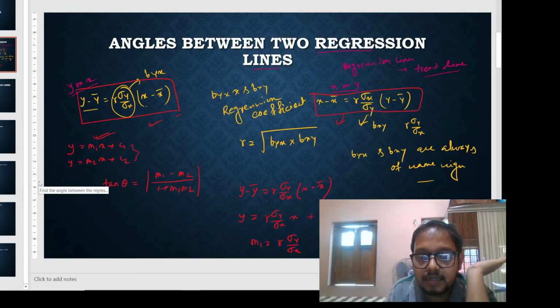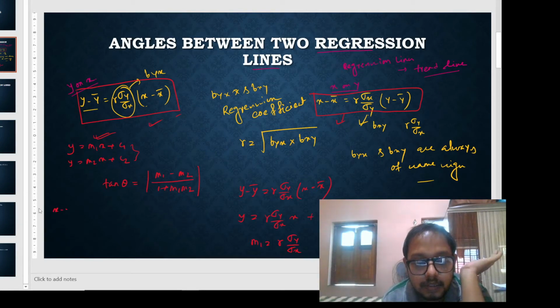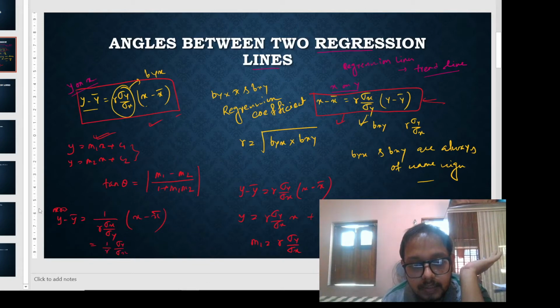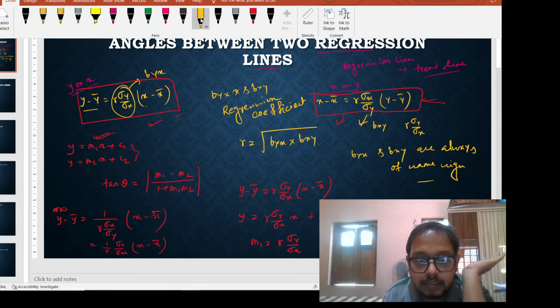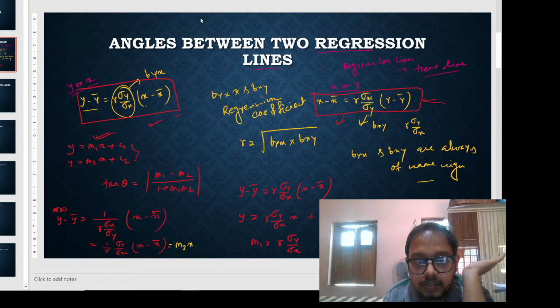Similarly, from the other line, we can write y minus y bar equal to 1 by r sigma x by sigma y into x minus x bar, which is also of the form m2x plus c2.